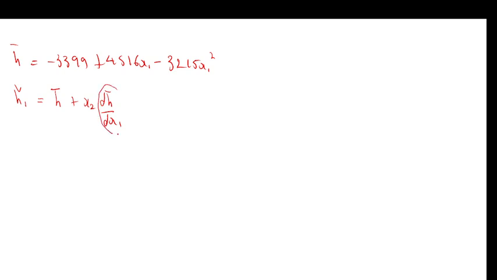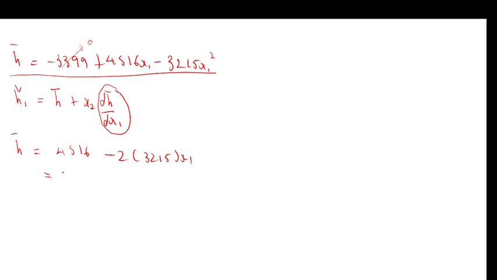So I'll first have to find the derivative, so I'm going to differentiate this equation with respect to x1. The constant, minus 3399, goes to 0. So I'll have 4516 minus 2 times 3215 x1, which gives me 4516 minus 6430 x1.